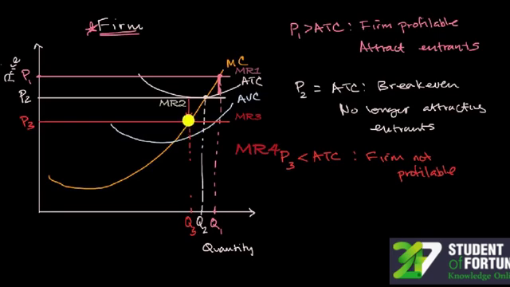And so as long as the price is higher than the average variable cost, well, outside of their fixed costs, they're still making some money to make up those fixed costs. So you have two things going on. So they would stay operating in the short run.